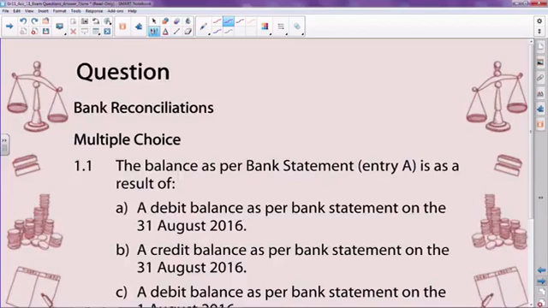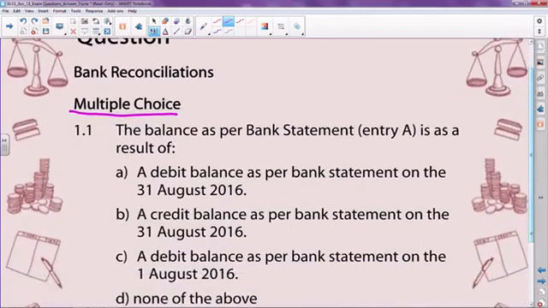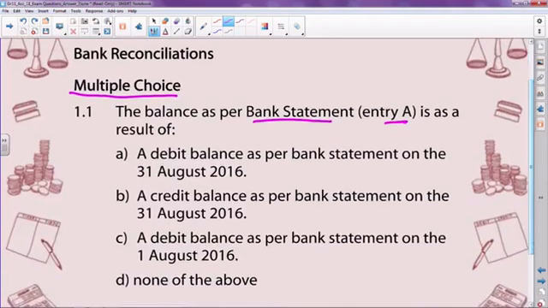Right, guys, the first set of questions that we're going to be focusing on are multiple choice questions. Let's look at 1.1. The balance as per bank statement, entry A, is as a result of: A, a debit balance as per bank statement on the 31st of August 2016.